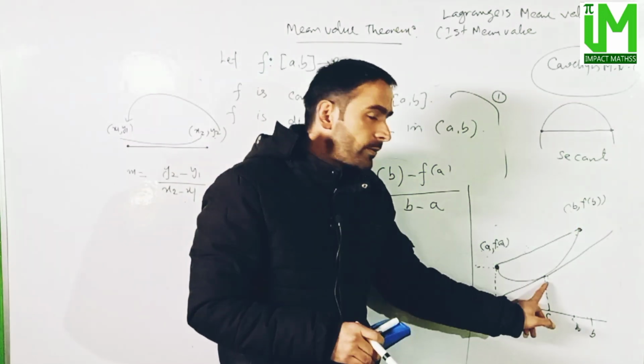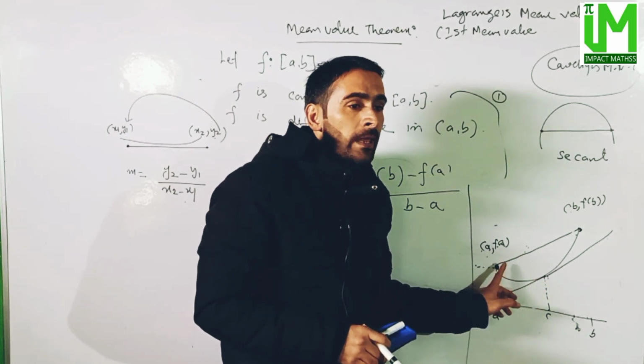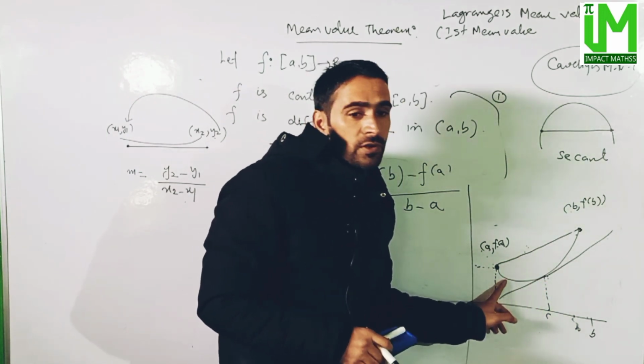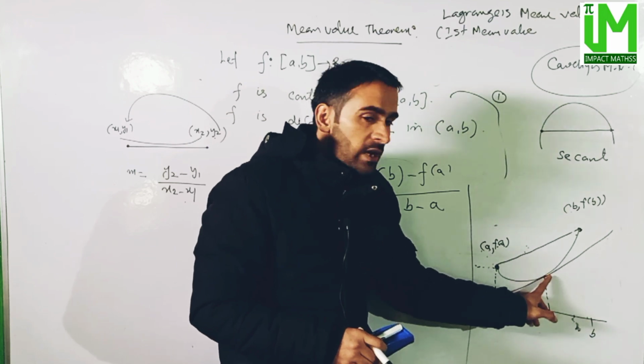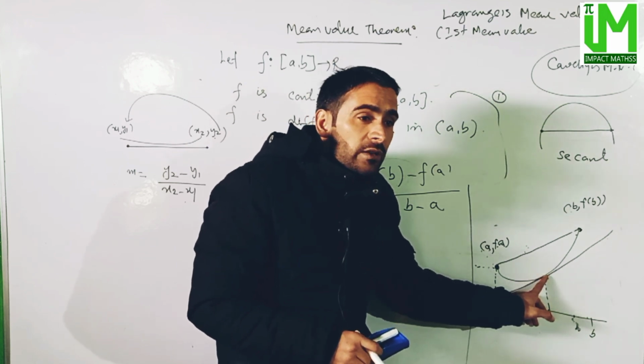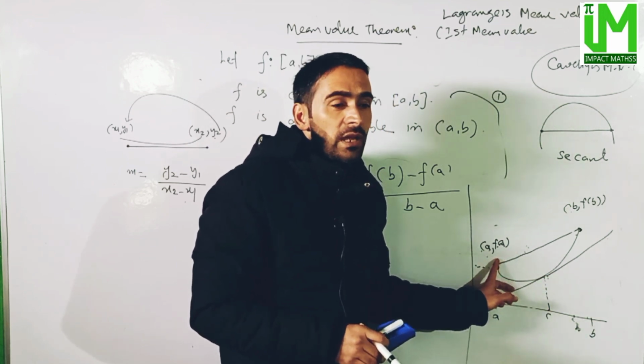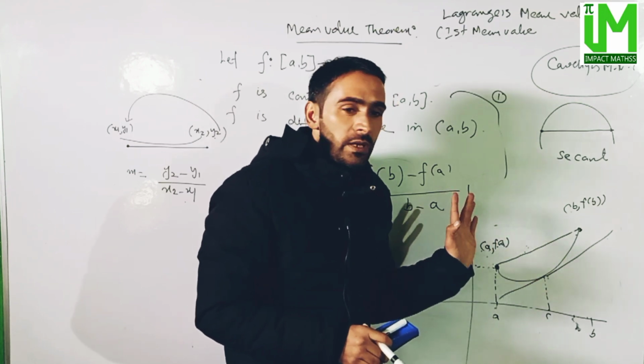That is, the slope of the tangent line is equal to the slope of the secant line. In other words, the tangent at point c is parallel to the secant at the end points a, f of a and b, f of b.